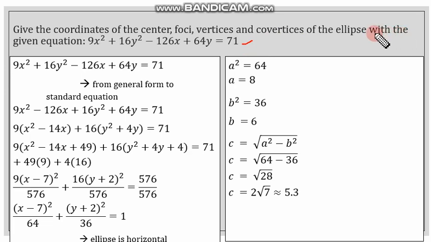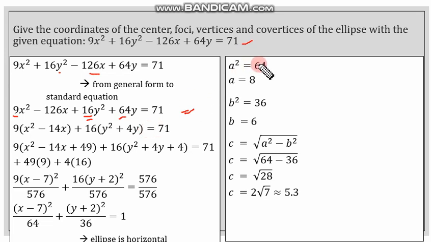and co-vertices. So, 9x squared minus 126x plus 16y squared plus 64y is equal to 71. Since there is a coefficient in the x part and also in the y part, we will factor them out before we conduct completing the square.